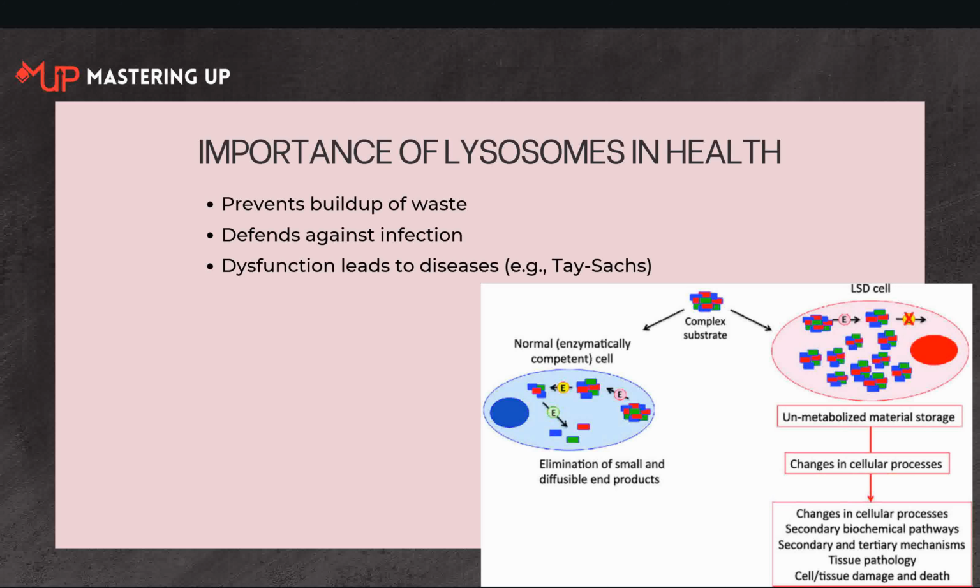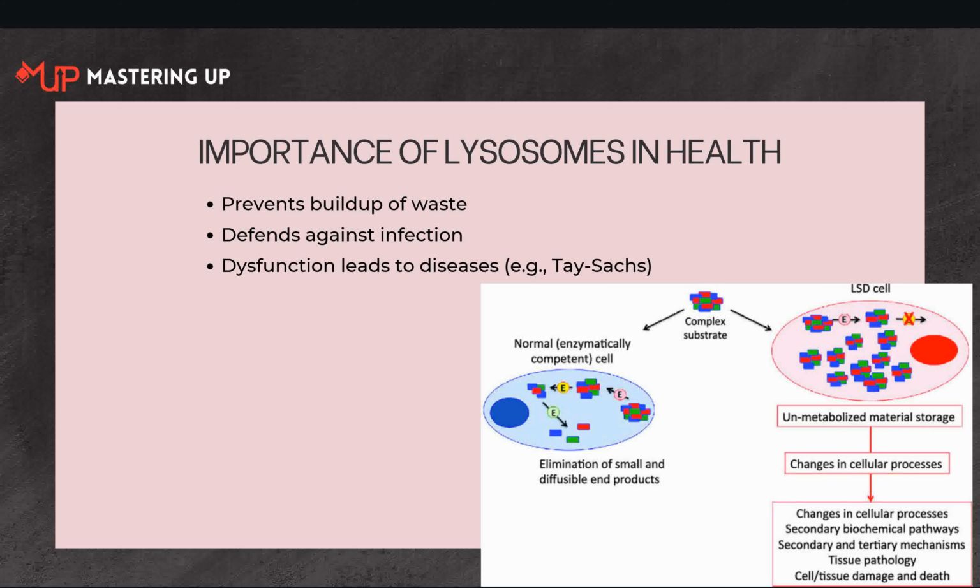So, overall, lysosomes prevent buildup of waste. And apart from that, lysosomes also support the immune system. White blood cells use them to digest harmful microbes after engulfing them, a process known as phagocytosis, which we have seen earlier. And then, when lysosomes fail to function properly, harmful substances can accumulate inside the cell.